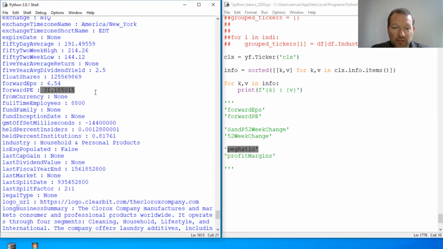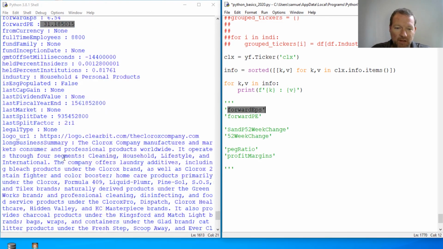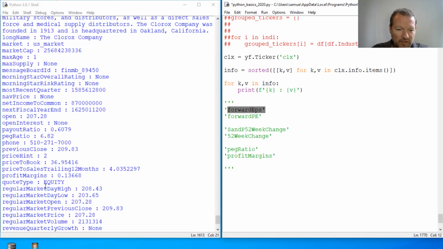But what happens if you're having 31% growth in the company? What happens if it's growing at 31 times? Then your PEG ratio, price to earnings to growth, would be 1. But our PEG ratio is 6. So it is not anywhere near 31 times growth.